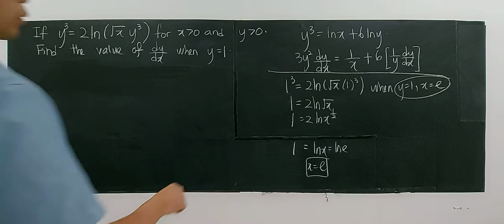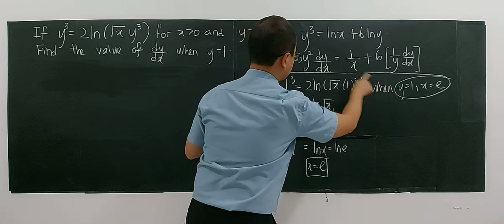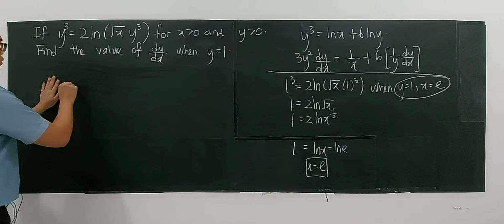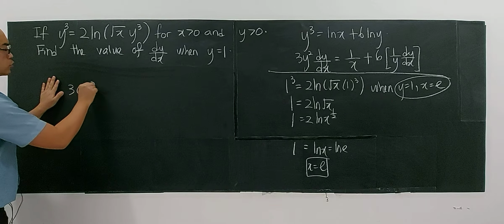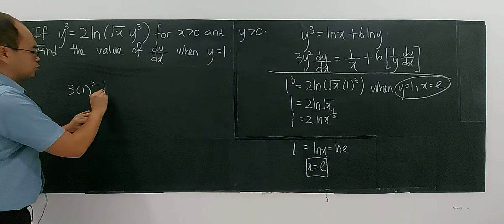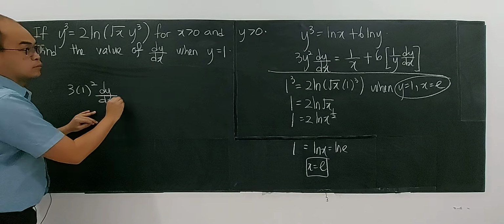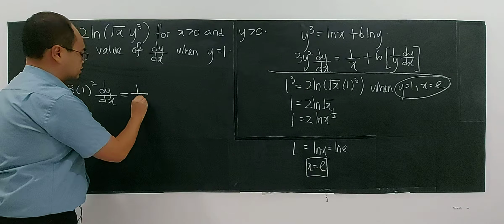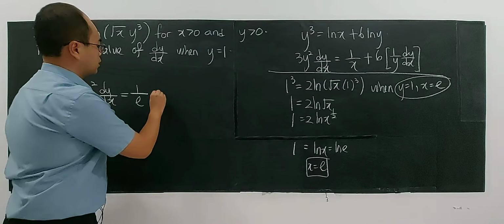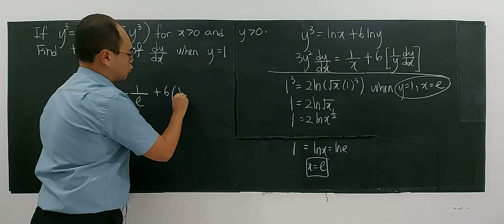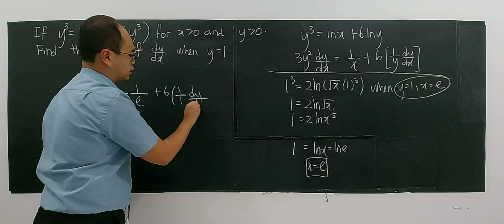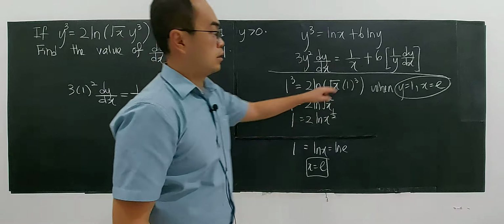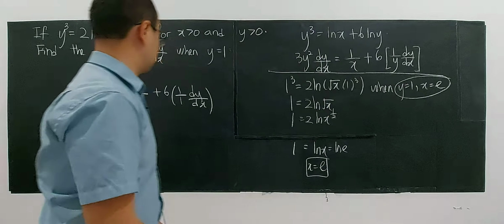Substituting y equals 1, you have 3 times 1 squared dy/dx equals 1 over x, and x is e to the power 1, plus 6 times 1 over 1 dy/dx, so easier.